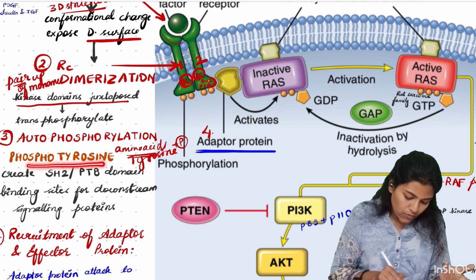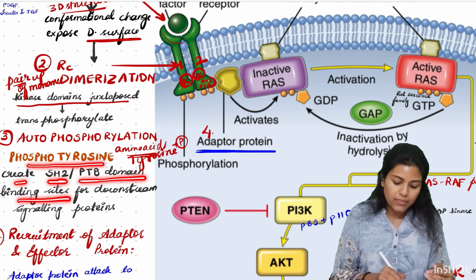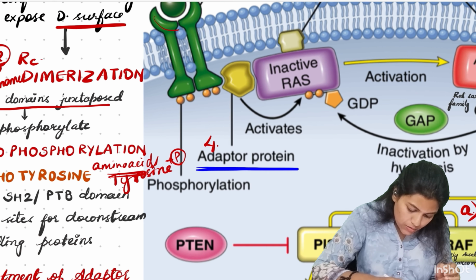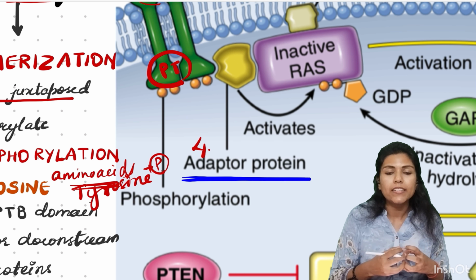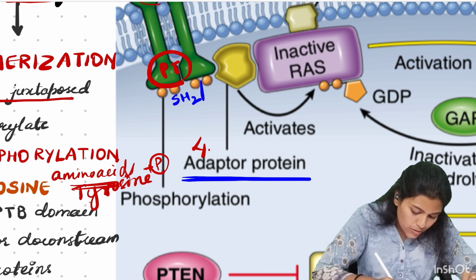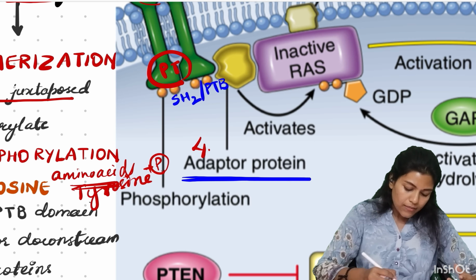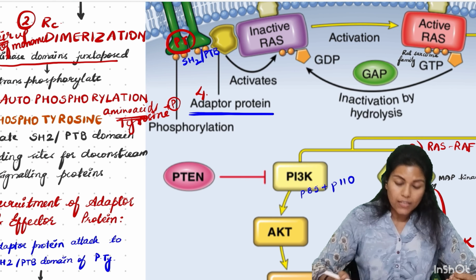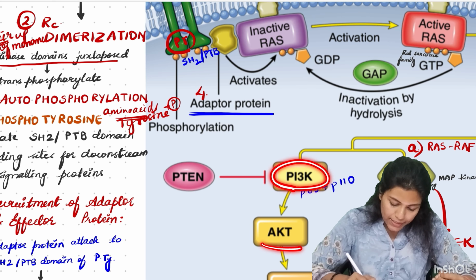Now, this phosphotyrosine creates an SH2 or PTP domain binding site. Whatever phosphotyrosine is formed here will act as a binding site for SH2 or PTP domains. What are these SH2 or PTP domains? These domains are present in other molecules, other downstream cascade proteins like PI3K and AKT.